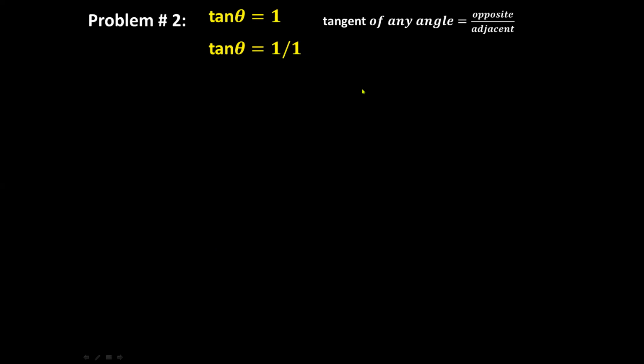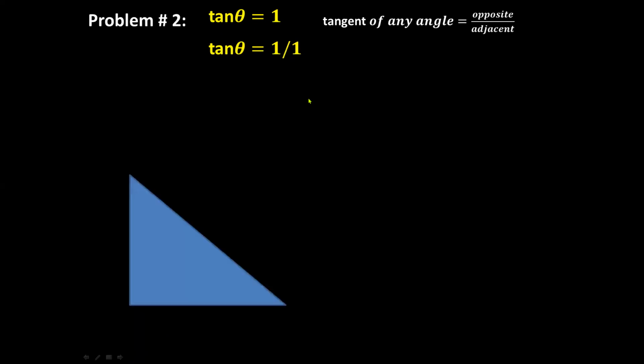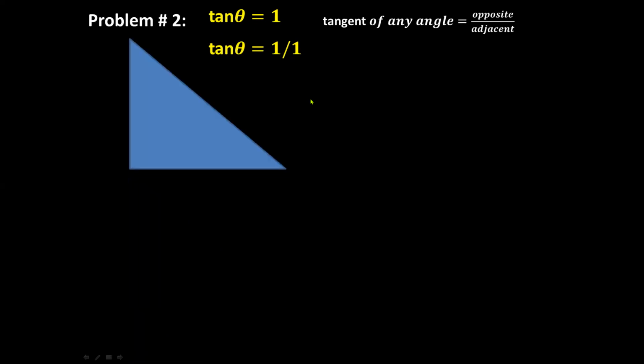Since meron na tayong value ng opposite and adjacent, and definitely alam na natin ang reference angle natin, that is angle theta, let me draw again a right triangle. Lagi yan, anak. Nakasanayan na natin na ang theta, lagi nating pinoposisyon sa baba. So, dito na lang tayo magposisyon, but actually, pwede rin sa taas.